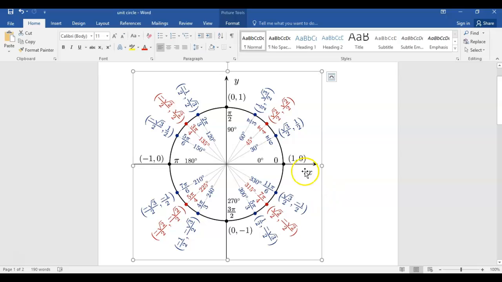Negative 1.5 is not one of our typical radian angles that we would see on this unit circle. I'm not going to see negative 1.5 here. So this is where my understanding of reference angles comes into play. If I am looking at the angle of negative 1.5, which is going to put me down here somewhere, where would I find that within my one-to-one function?